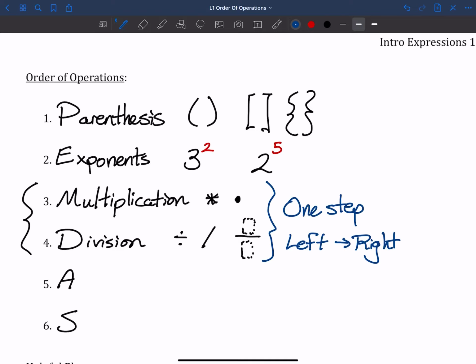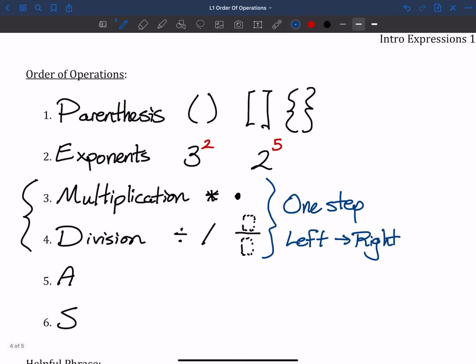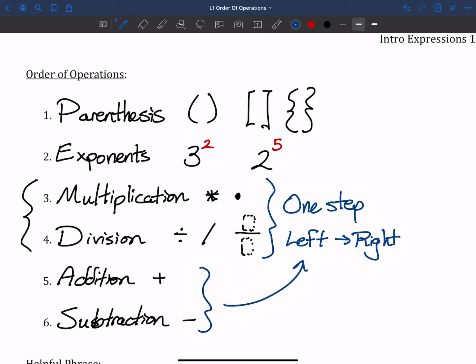Same thing goes for these last two. A is for addition, and S is for subtraction. Addition is just the plus sign, subtraction just the minus sign. Same idea: it's one step, and you're doing whatever you run into first from left to right.